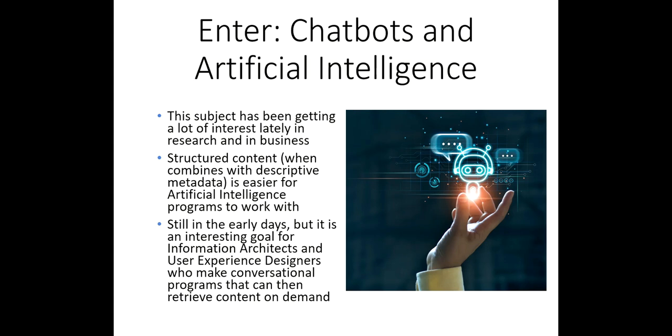Do I have information on that? It then does its own search and looks for relevant data and provides what it considers to be the best hit, so to speak. And it can only do that if the structured information that is available is properly described using metadata, saying that this is what this is about.